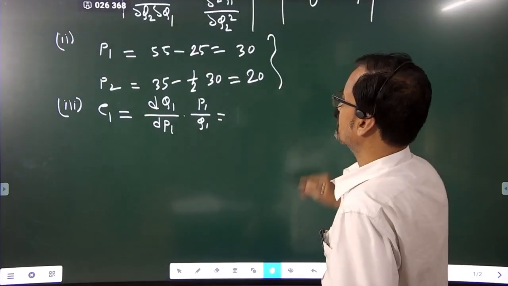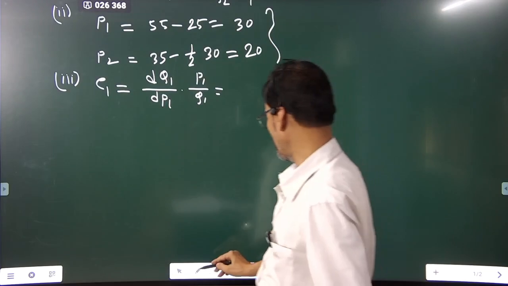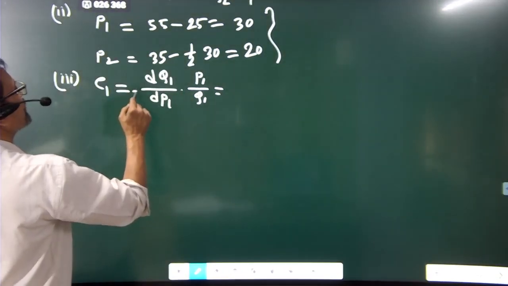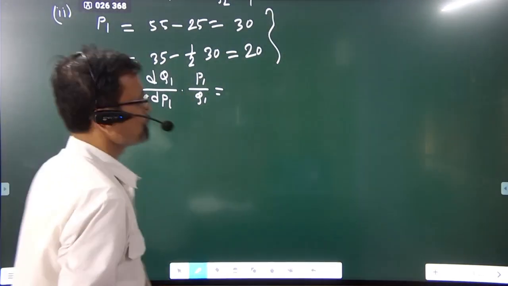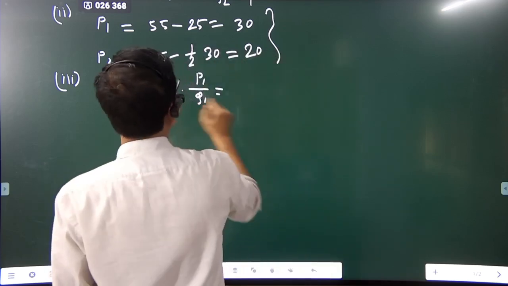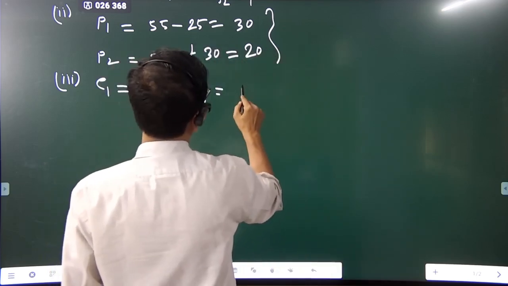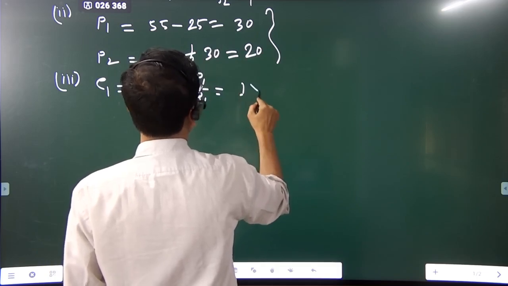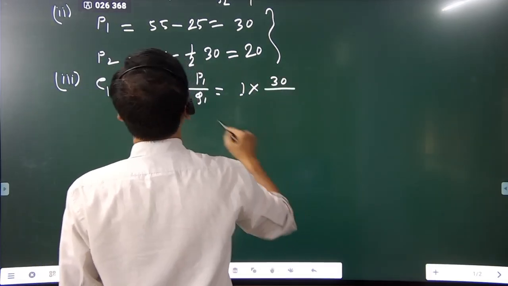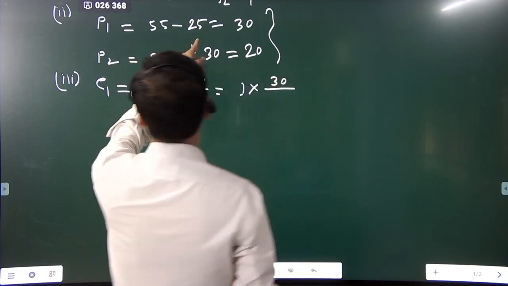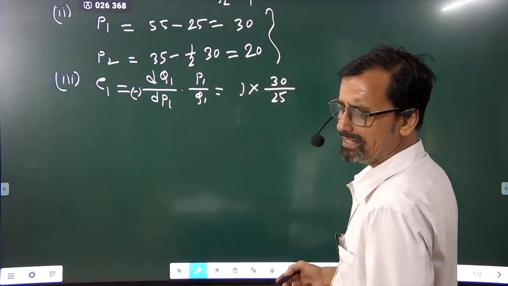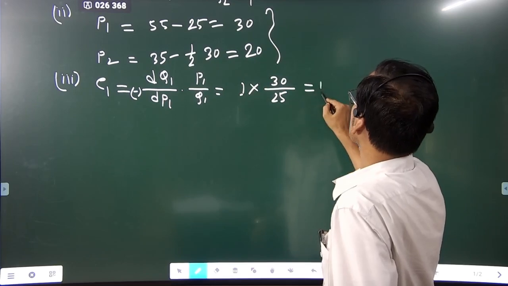We use the minus sign because demand elasticity's result is always negative. So here we get -1 into P1, that is 30, and the value of Q1 is 25. 30 divided by 25, so the result is 1.2.